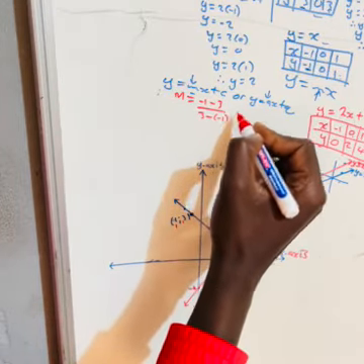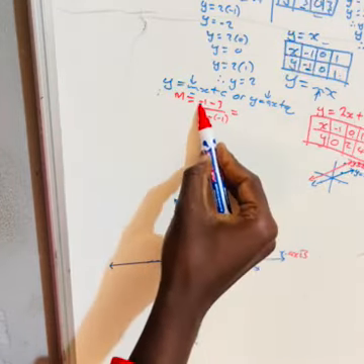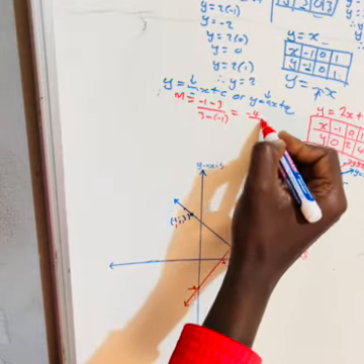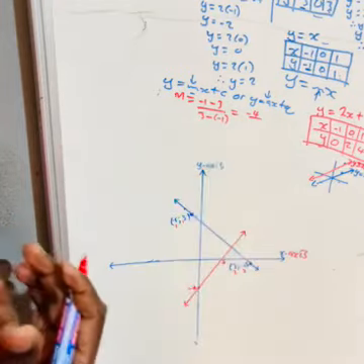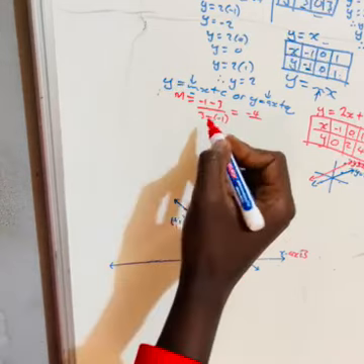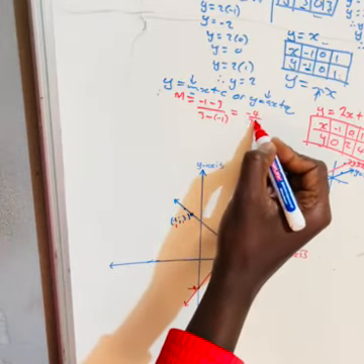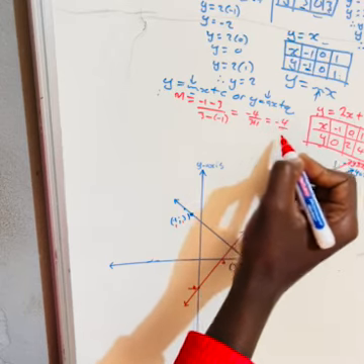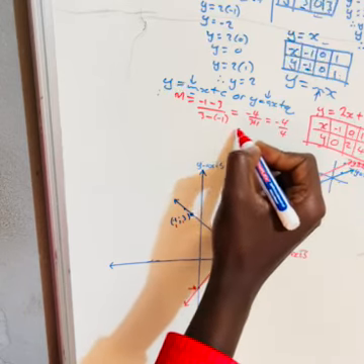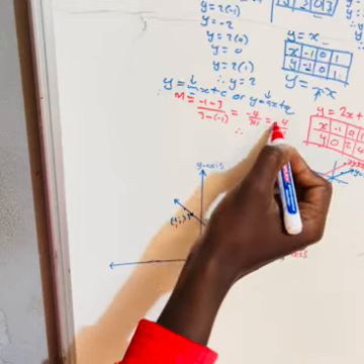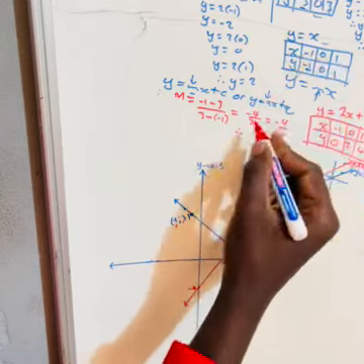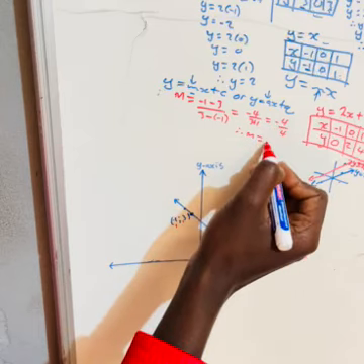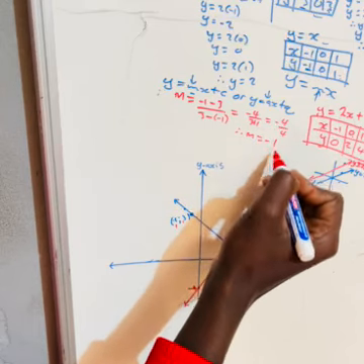Negative 1 minus 3 is negative 4, all over, negative times negative gives you a positive, so 3 plus 1 is equal to 4. Negative divided by positive gives me a negative. So my gradient is equal to negative 4 divided by 4, which is negative 1.